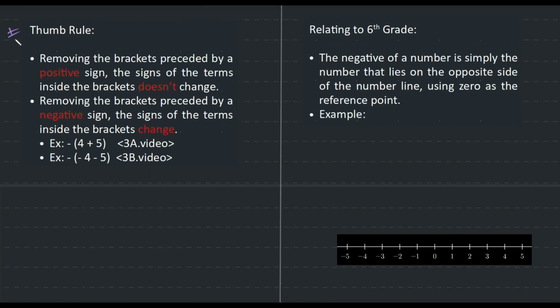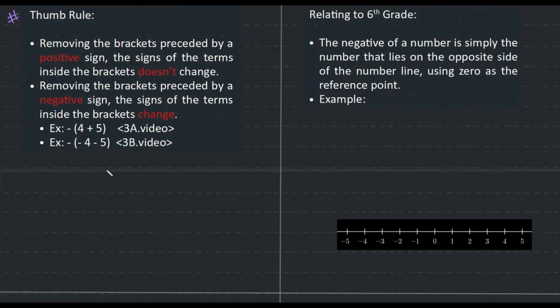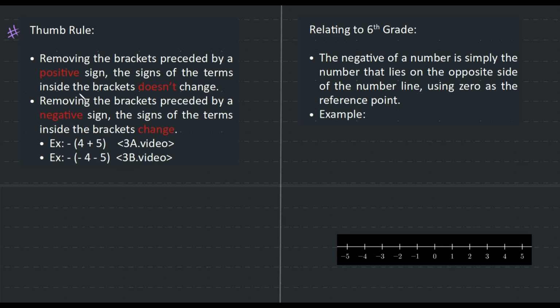So the thumb rule is whenever we see a positive sign before the brackets, like over here, I don't have an example for that. Like over here, these are brackets and there's a positive sign. The thumb rule is that the sign of the terms inside the brackets does not change. Don't worry, I'll make you guys understand what it means.